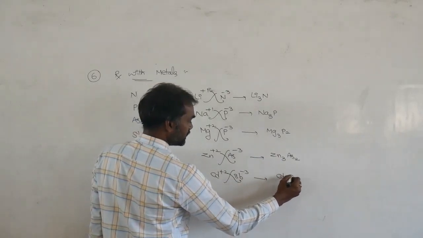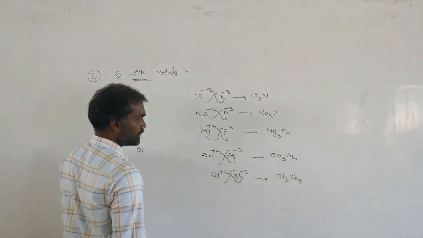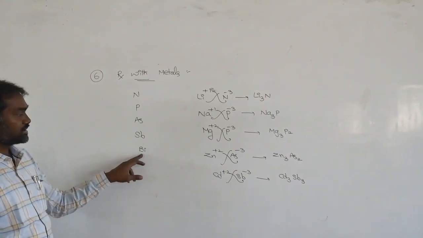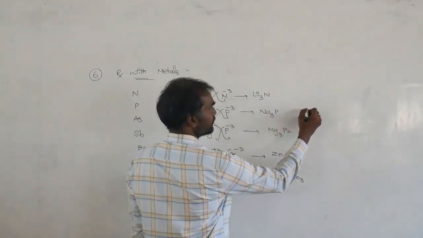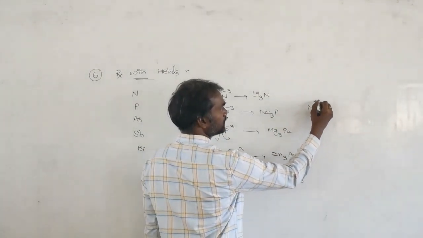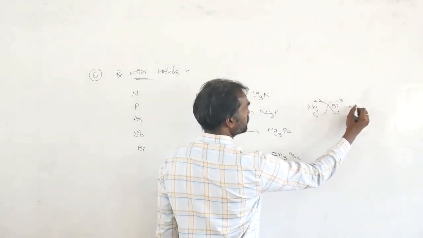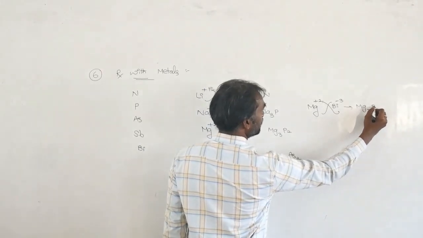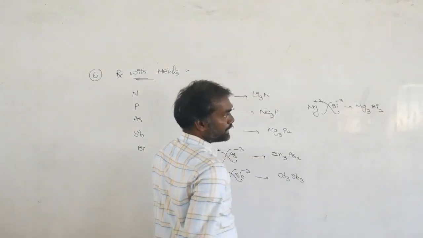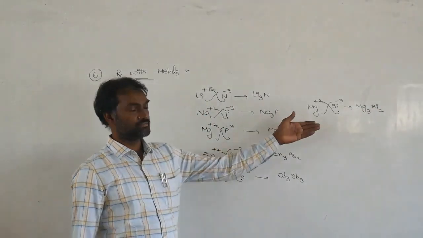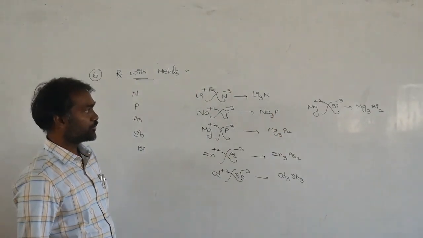So Cd3Sb2. Otherwise magnesium, bismuth. Magnesium +2, bismuth -3. So that is Mg3Bi2, magnesium bismuthide. So those are the compounds.